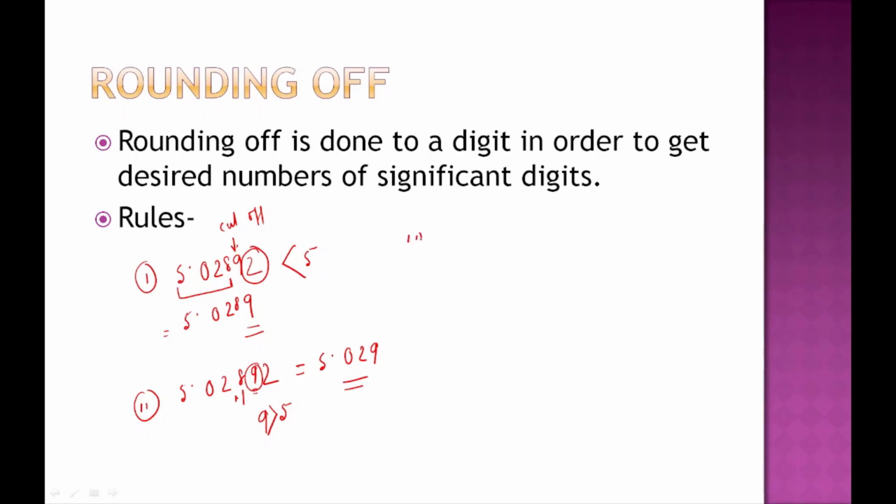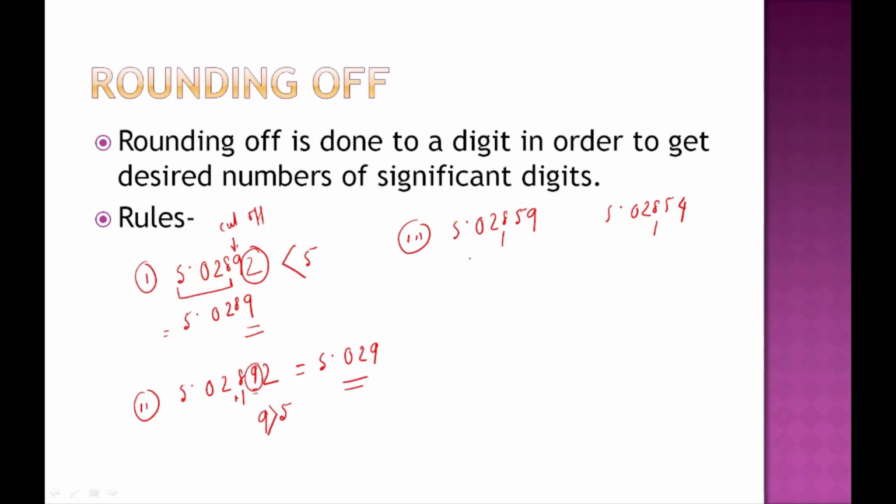But there can be another scenario, and there comes rule number 3, where say we consider numbers 5.02859 and 5.0285 say 4. In both cases the cutoff digit is 8.